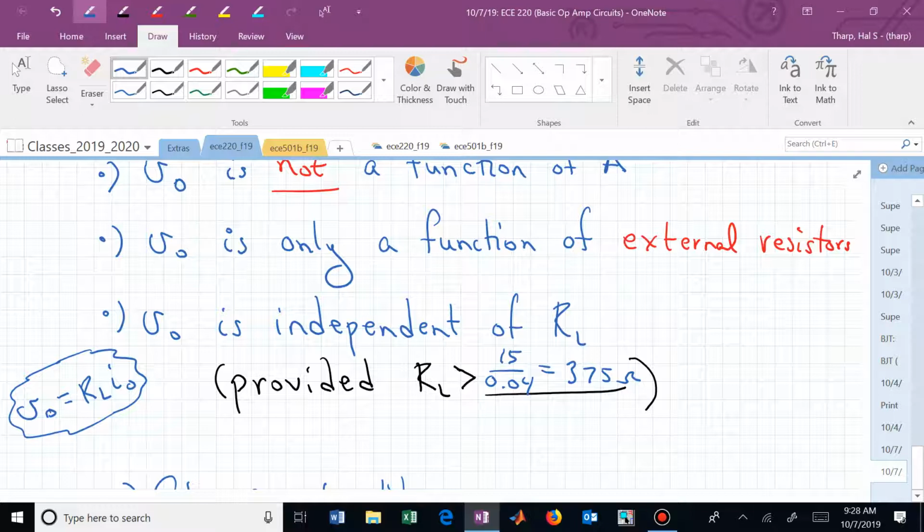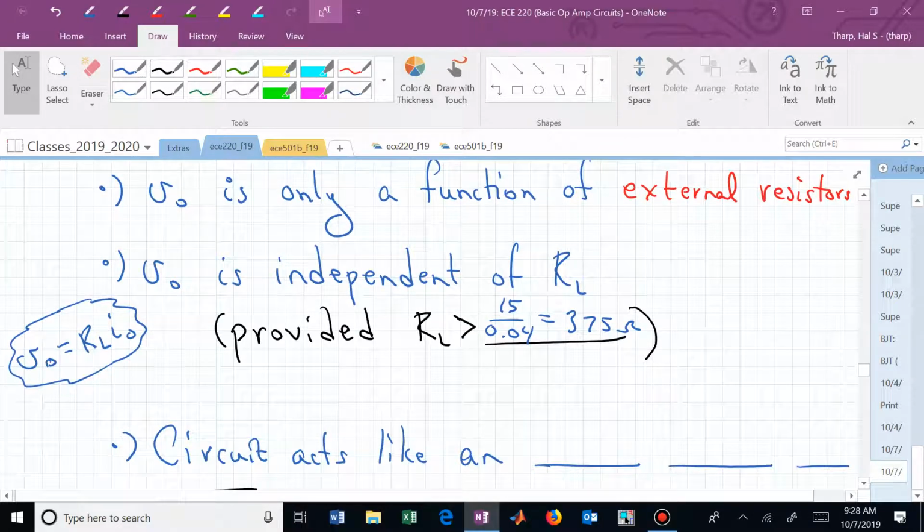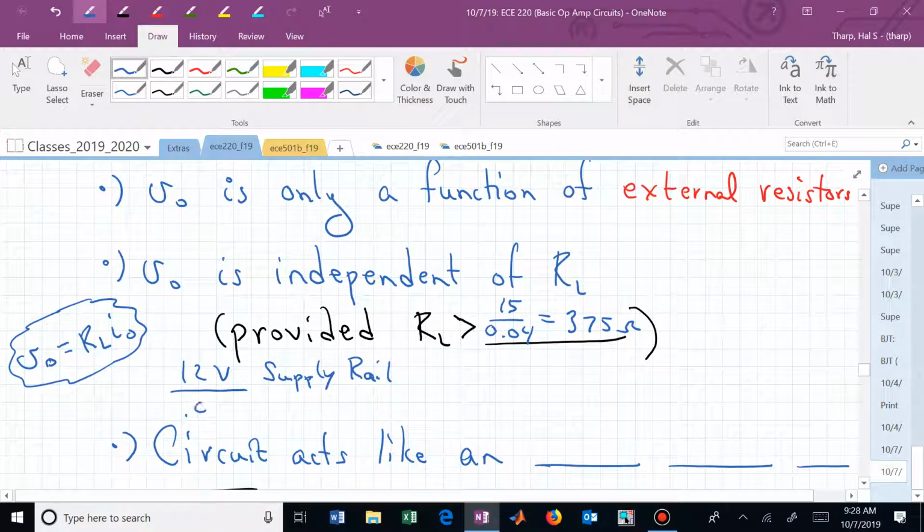So we're assuming that this is going to be 375. What if we said, well, we had our supply rail voltage of 12 volts, and again we had this 0.04 output current limit.